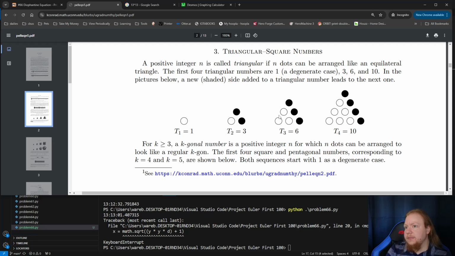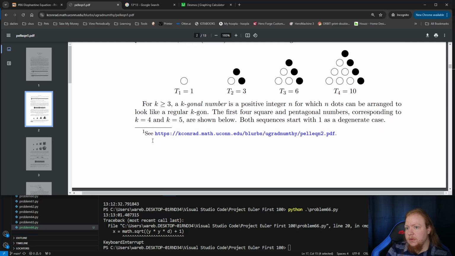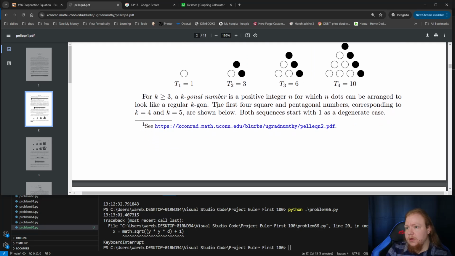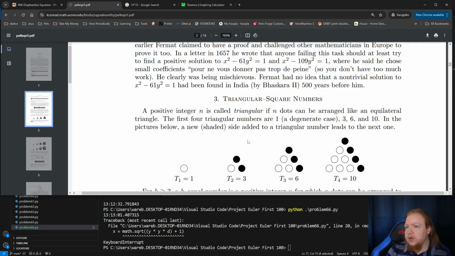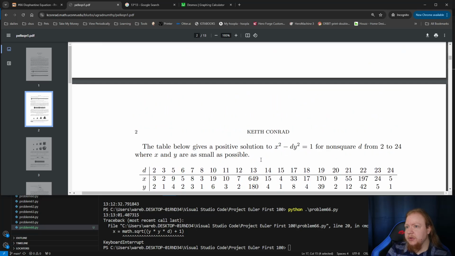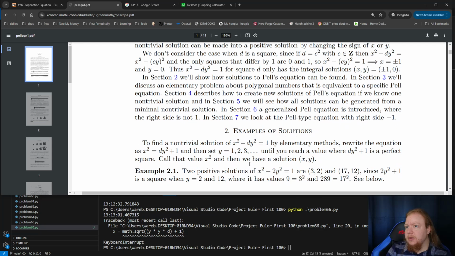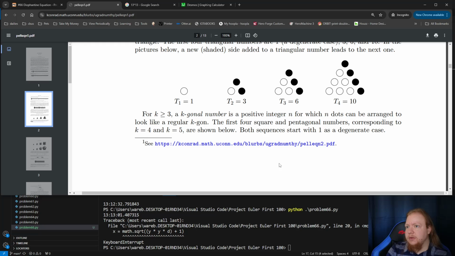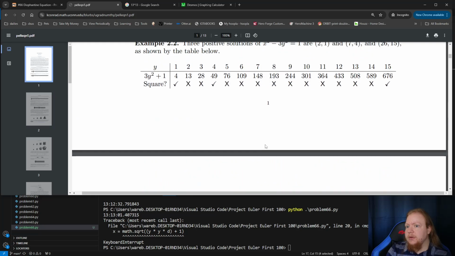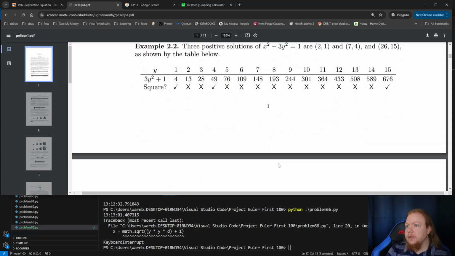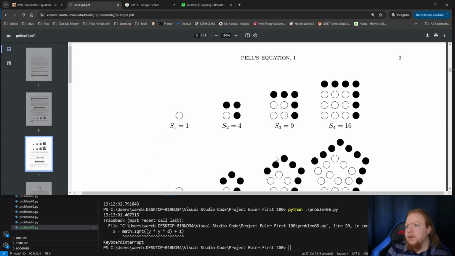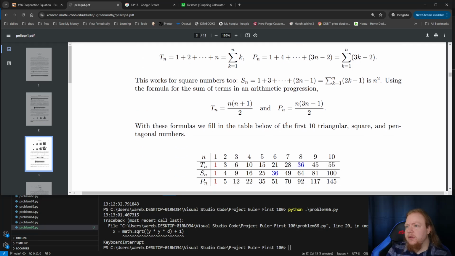Okay, so triangular square numbers. Just gonna scroll past this for a second.